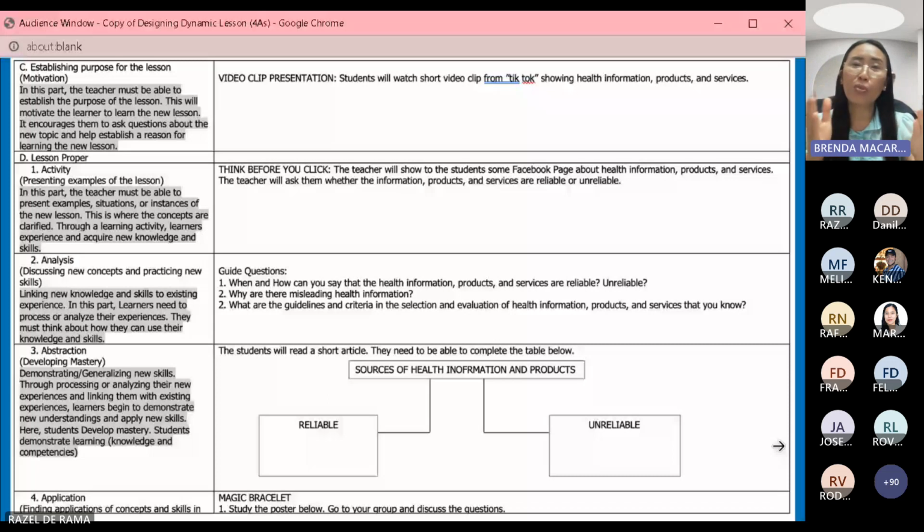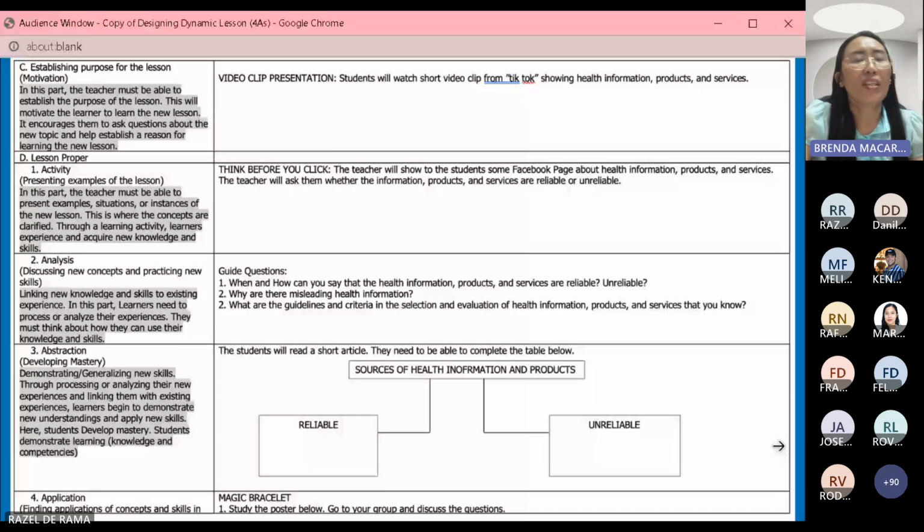Pag gumamit ka ng Facebook page, alam naman natin yan, students, most of the time, or most of them, make use of their Facebook in their day-to-day living. So, para maging aware sila kung paano mag-analyze, okay, with all the informations na nakikita nila sa Facebook, specifically about health information, products, and services.